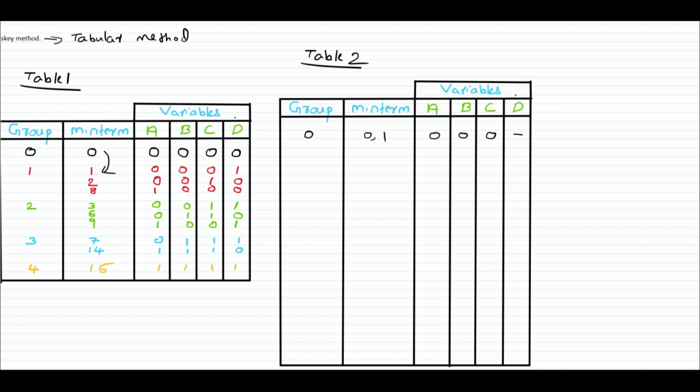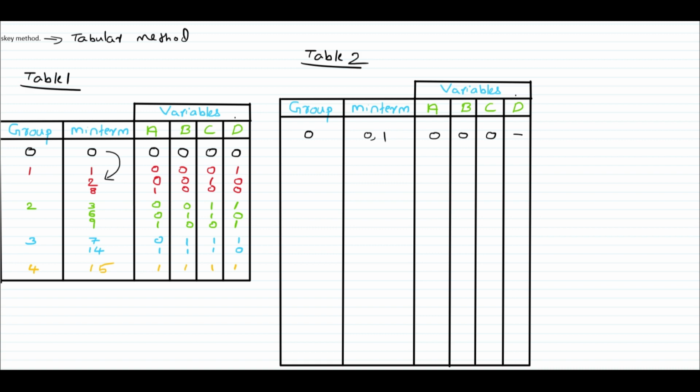And now we will compare the next one, 0 with 2. If we compare 0 with 2, what will happen? Can we do that? A is same for 0 and 2. B is same. C is different.